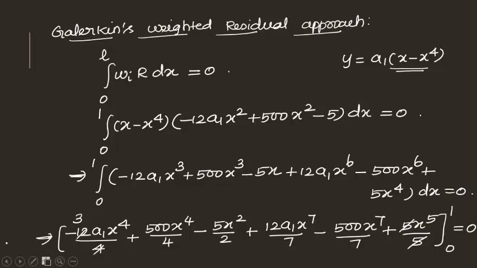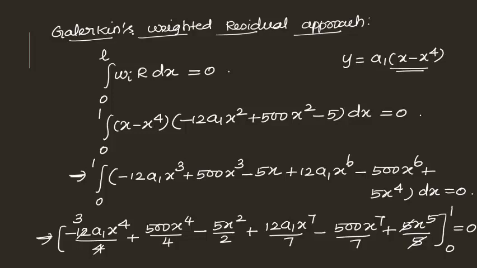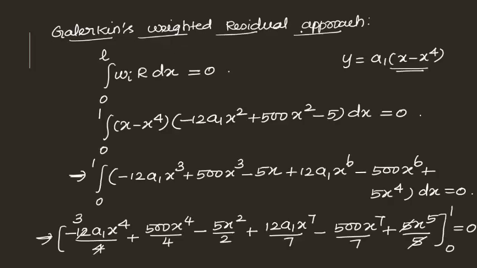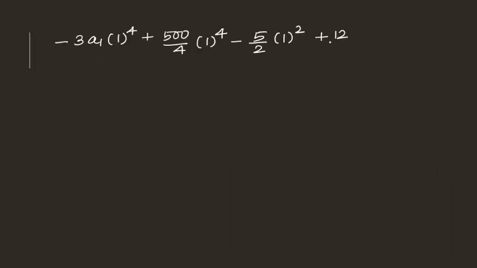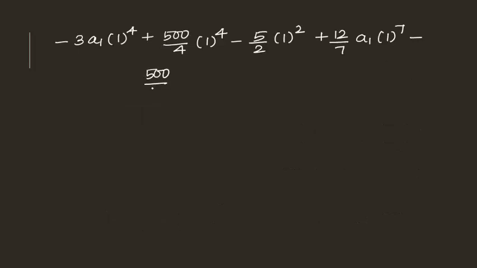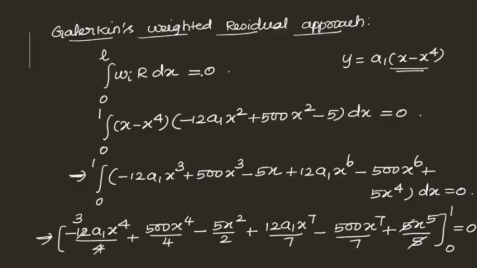On substituting the upper limit, 1 minus 3 a1 into 1 power 4 plus 500 by 4 into 1 power 4 minus 5 by 2 into 1 square plus 12 by 7 a1 into 1 power 7 minus 500 by 7 into 1 power 7 plus 1 power 5.